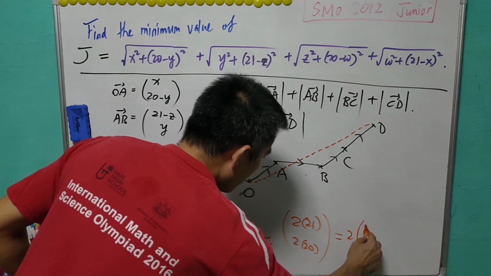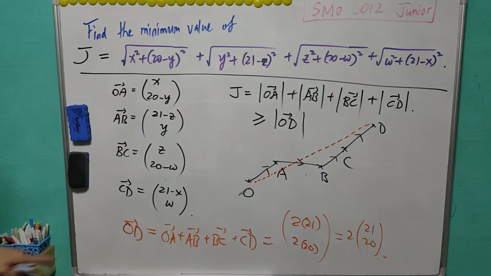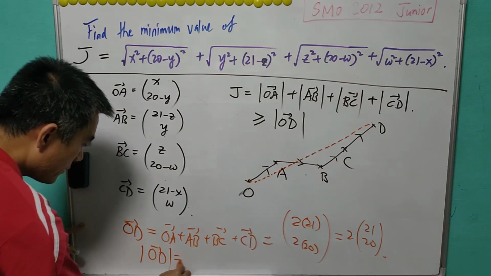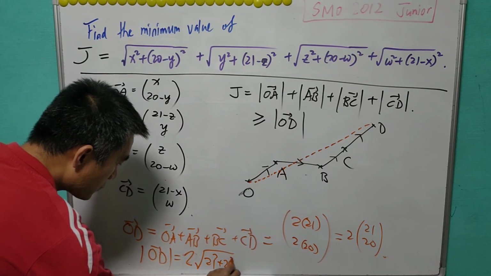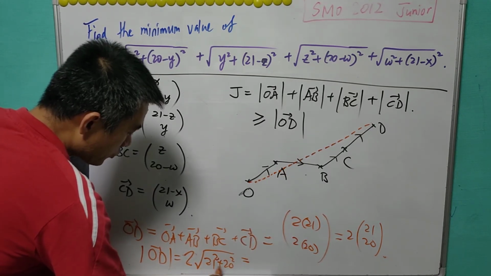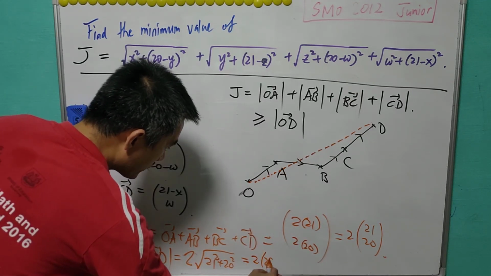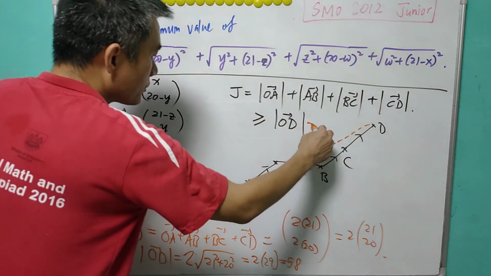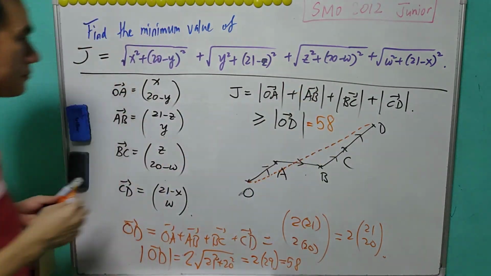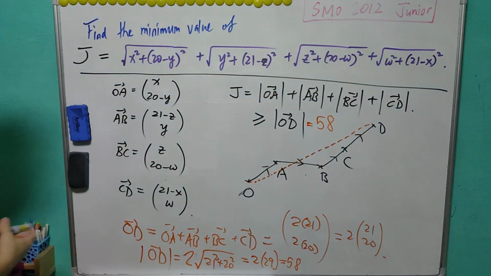So this is double of (21, 20). And with this, OD must be equal to 2 times square root of 21 squared plus 20 squared. This is a well-known Pythagorean triple, 20, 21, and 29. So 2 of 29, that is 58. Now, it means that J is greater than or equal to 58.